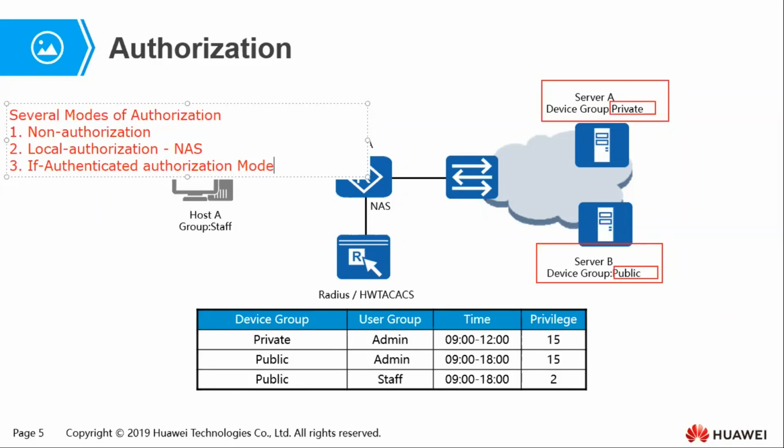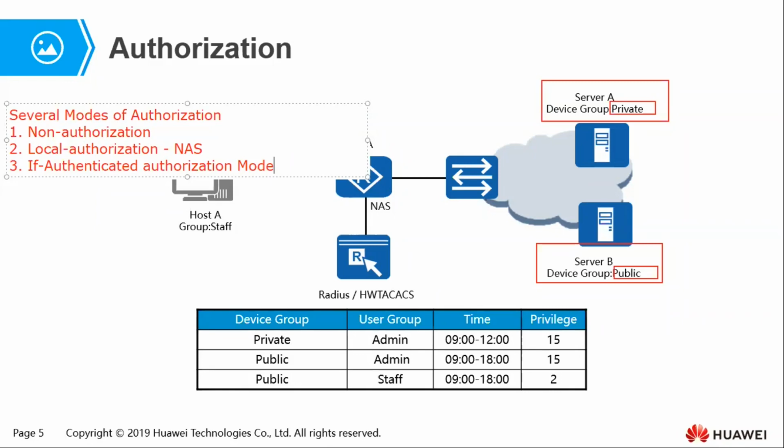Again, if multiple authorization modes are configured, then the authorization is performed in the sequence in which the configuration modes were configured, just like in the previous scheme that we looked at.